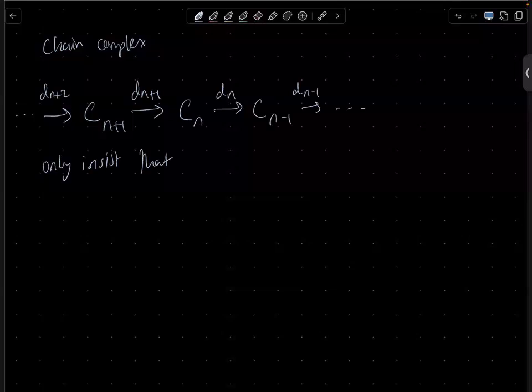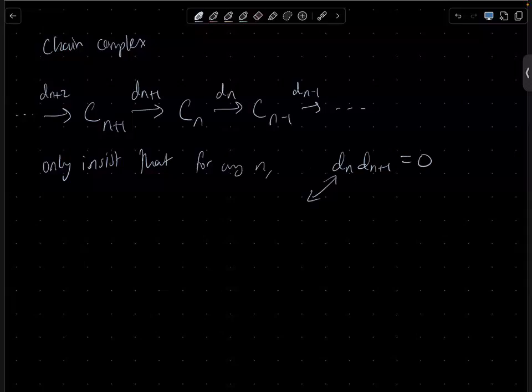That is to say, for any n, dn composed with dn plus 1 is equal to 0. Which is to say that the image of dn plus 1 is contained in the kernel of dn, right?